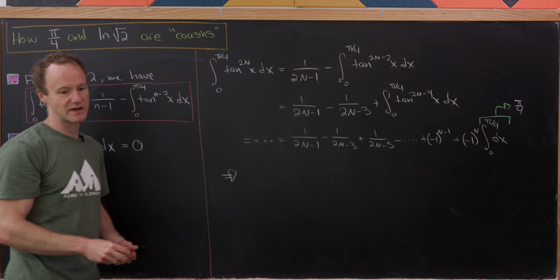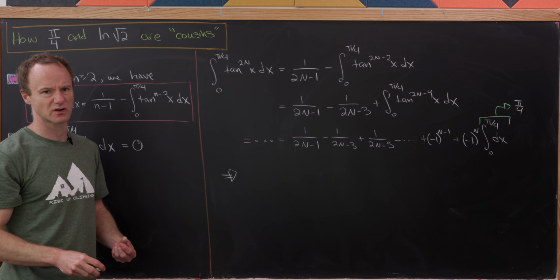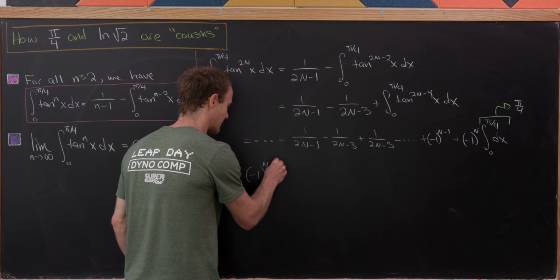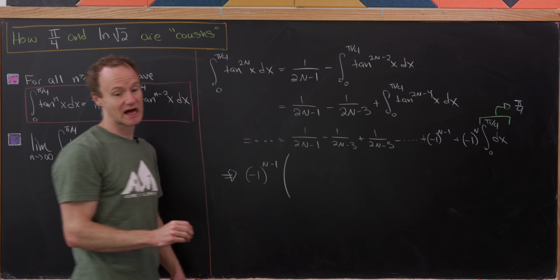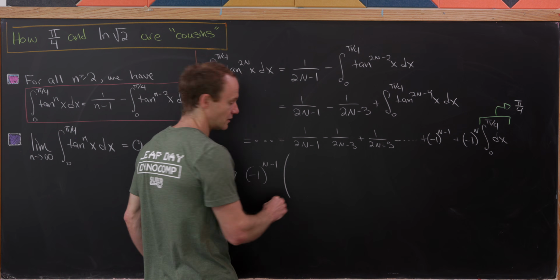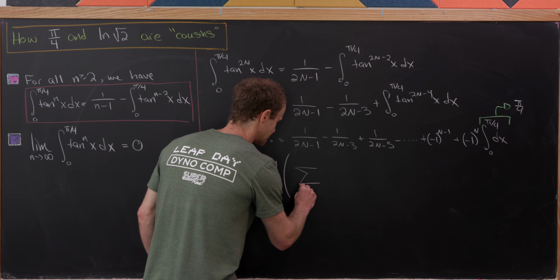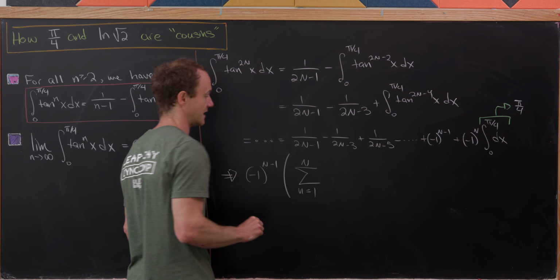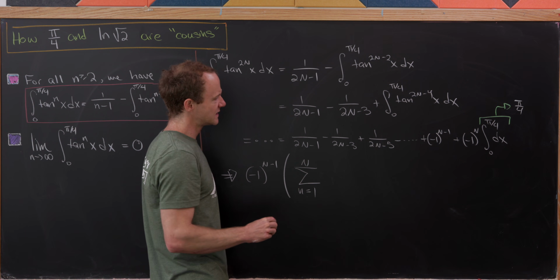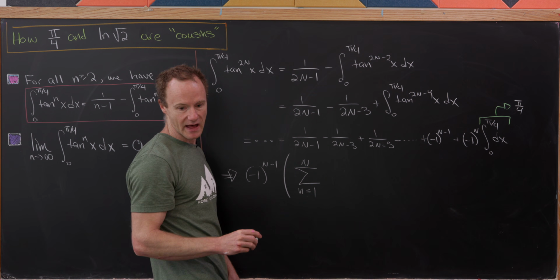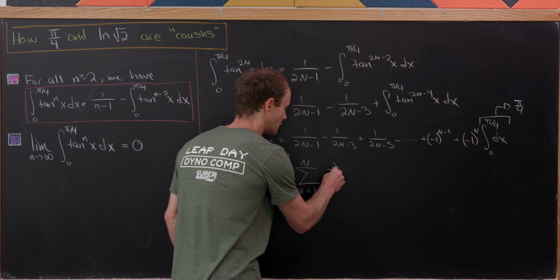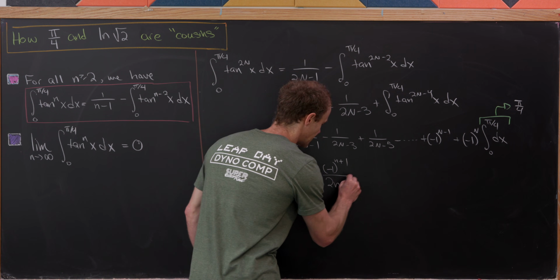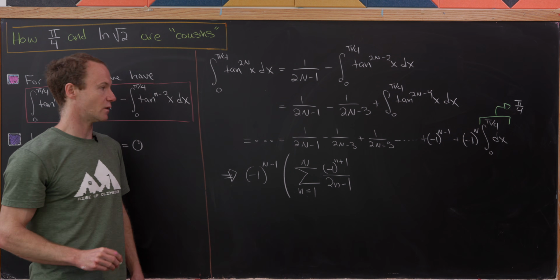So if we maybe factor out a certain power of minus 1, we'll have minus 1 to the capital N minus 1 times, so this will be the sum as little n goes from 1 up to capital N of, let's see what we have. We'll have minus 1 to the n plus 1 over 2 times little n minus 1.